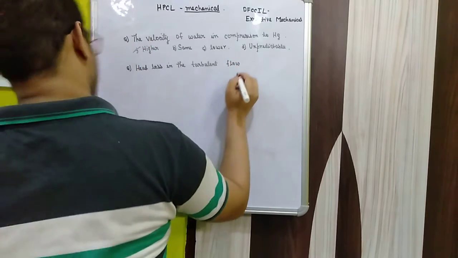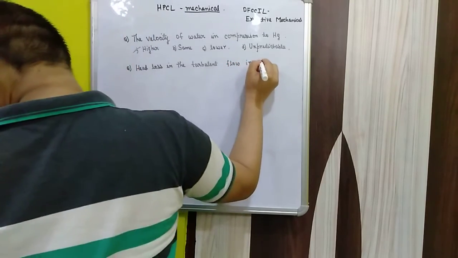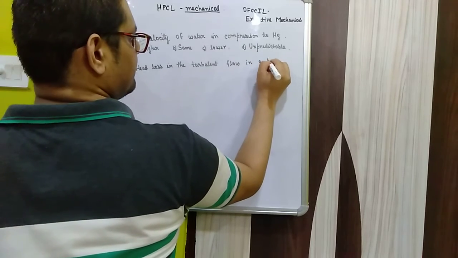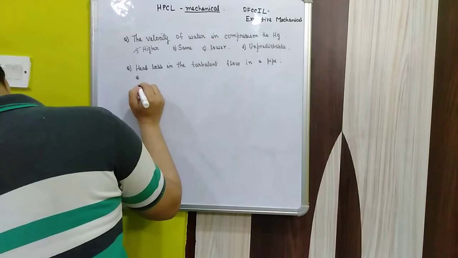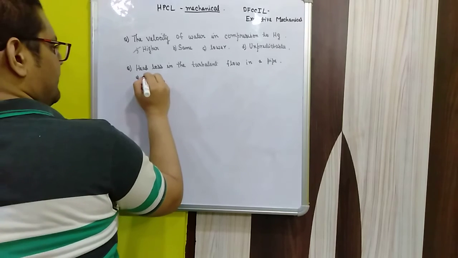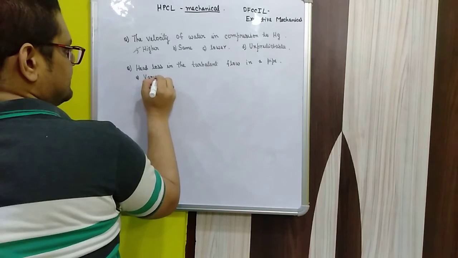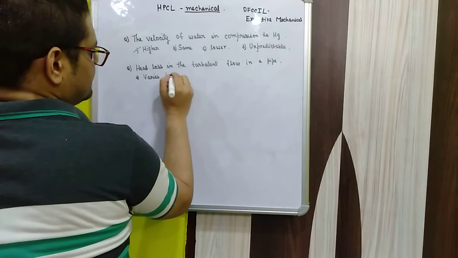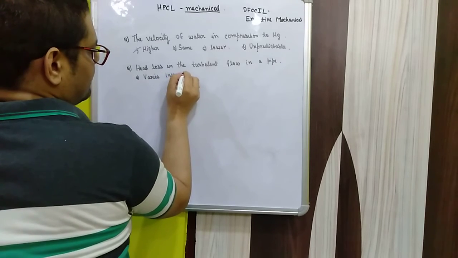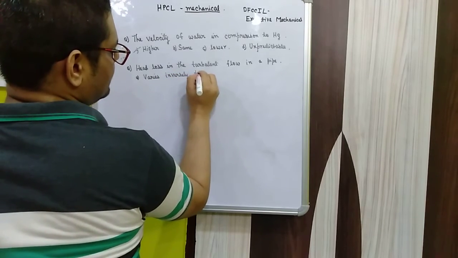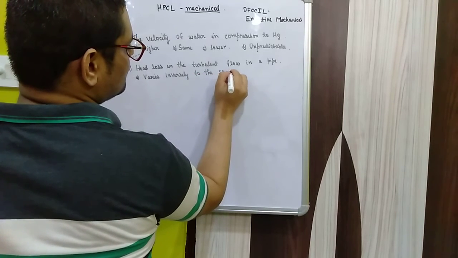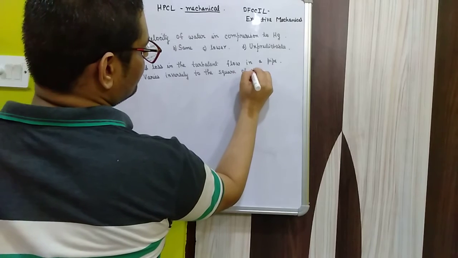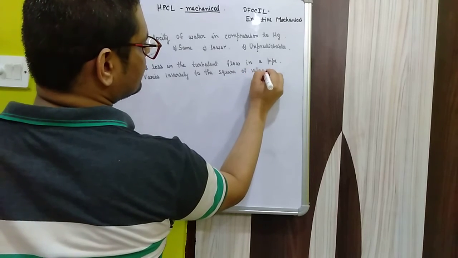Turbulent flow in a pipe. The options are: option A, varies inversely as the square of velocity.